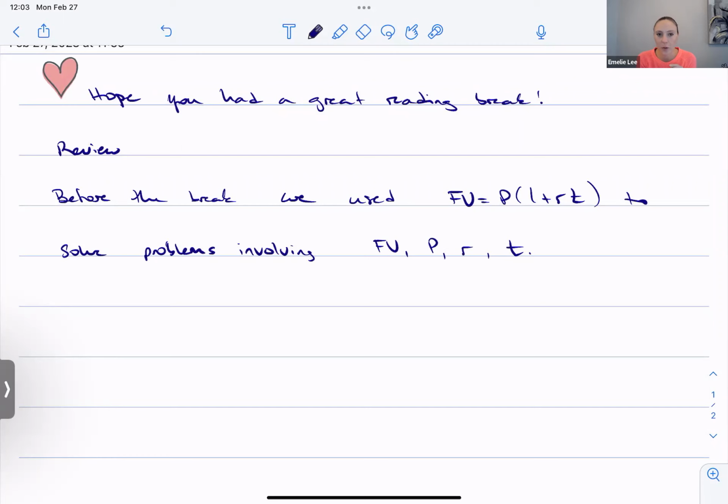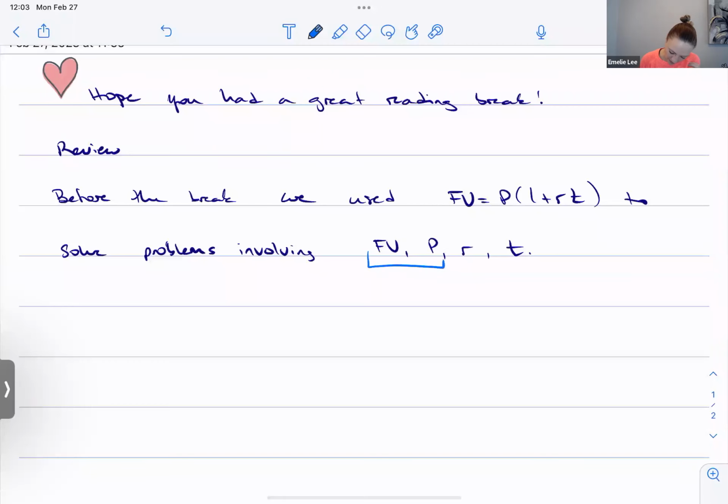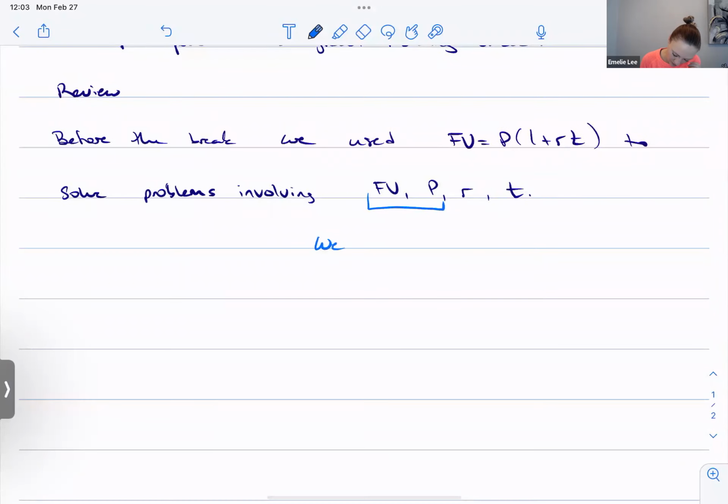We rearranged this formula. If you just wanted to use the rearranged formula, that's totally fine. But we solved problems using these, and we focused on these. You can solve for R and you can solve for T, but most of the time we want to know, if I deposit this amount of money today and I want to take it out in 2 years from now, how much will I have?